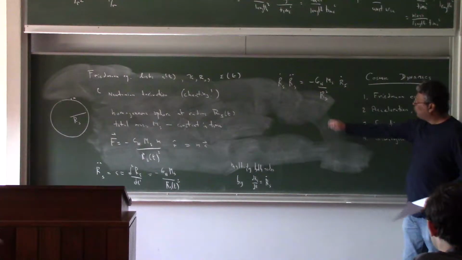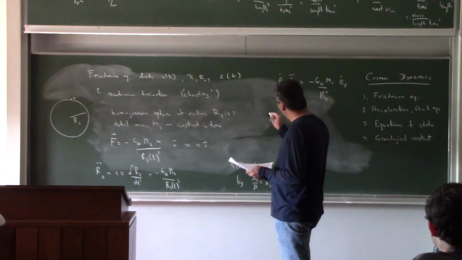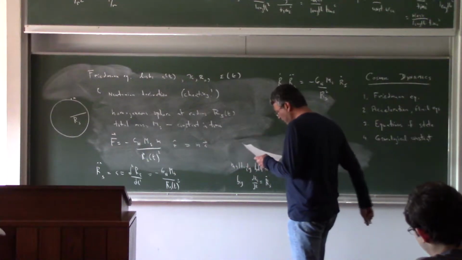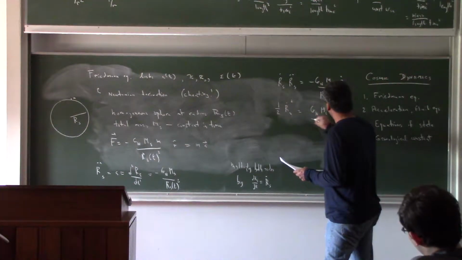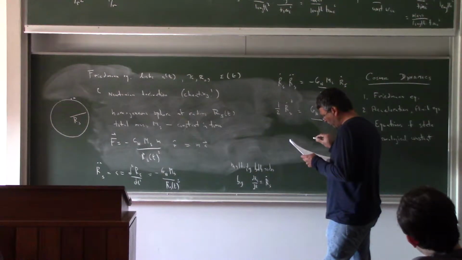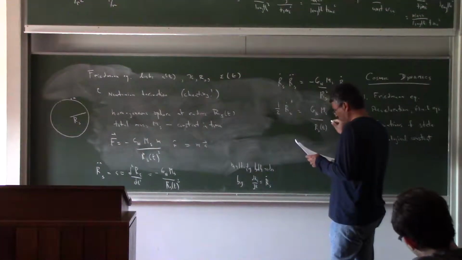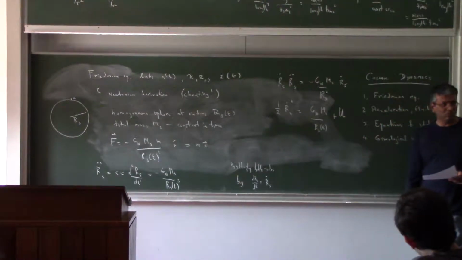So now we can integrate this equation. We have 1/2 rs dot squared equals G Newton ms over rs of t plus some integration constant u.